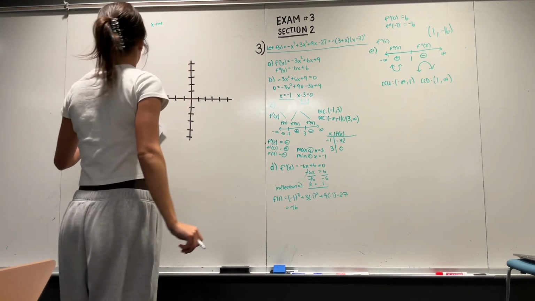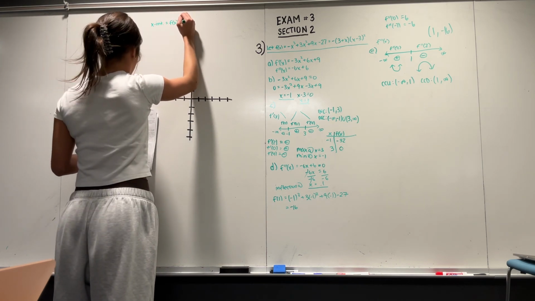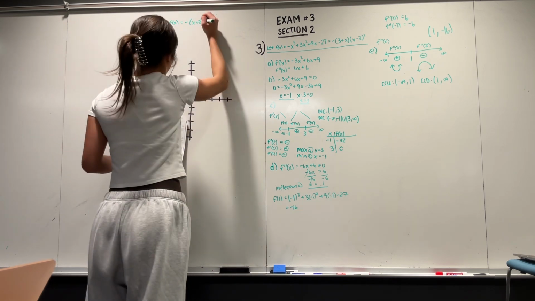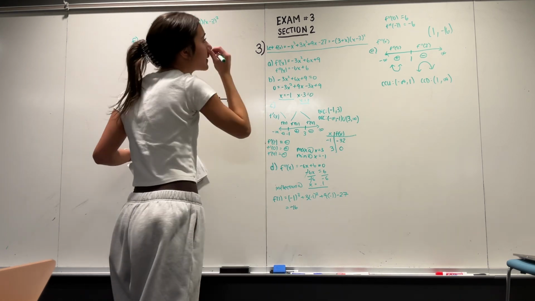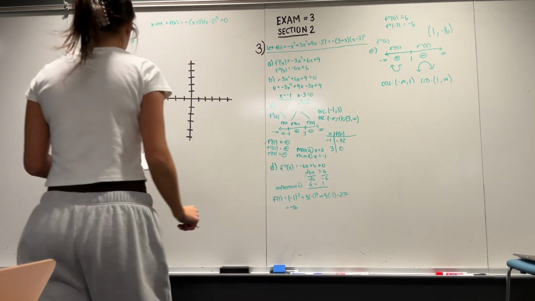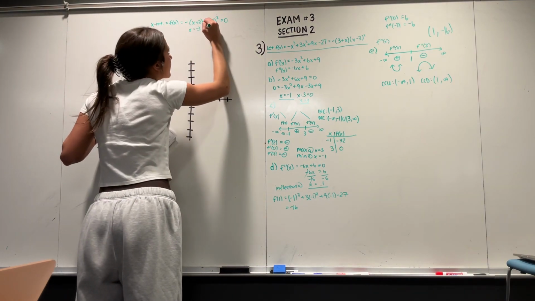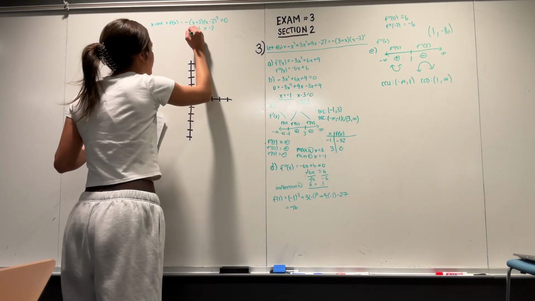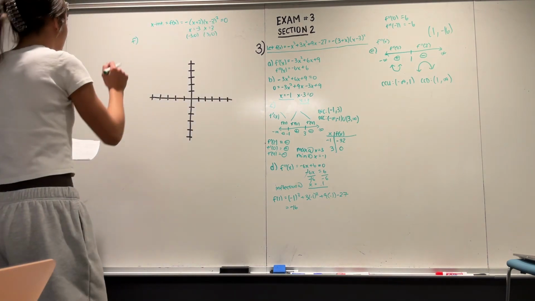This is going to be f of x, which is equal to negative x plus 3, times x minus 3, squared, set equal to 0. If we solve, we're going to get x equals negative 3 and x equals 3. So the 2 points are negative 3 comma 0 and positive 3 comma 0. That's going to be our x-intercepts.